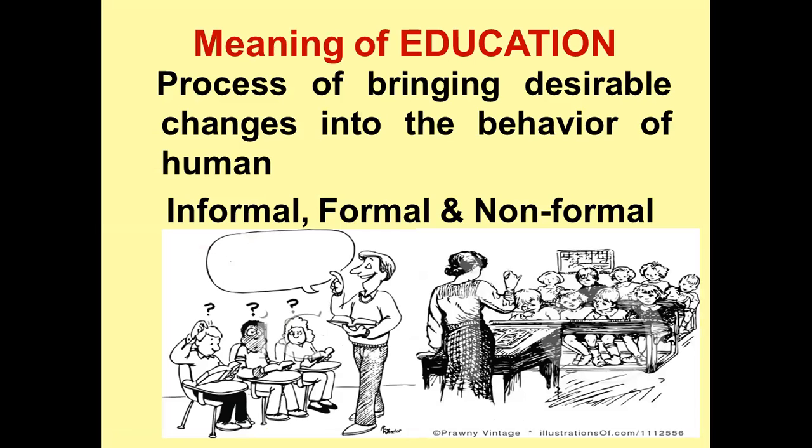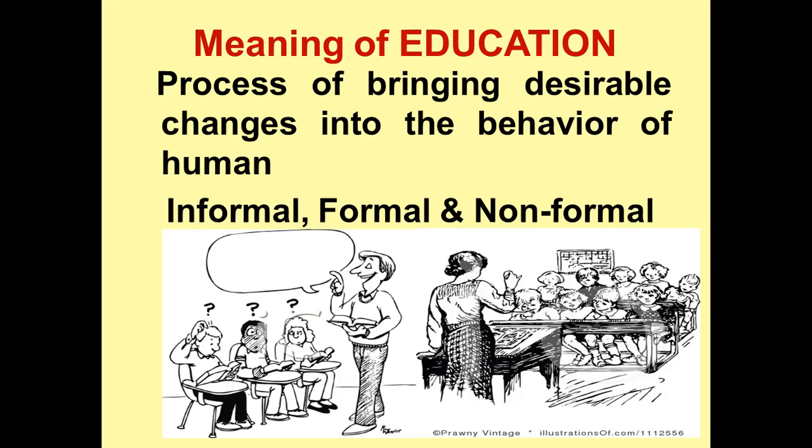For example, if anybody touches a hot iron and gets burned, then he learns that hot iron is very dangerous and does not touch it. So it is a kind of education, where any person learns through their day-to-day activity, their daily life.